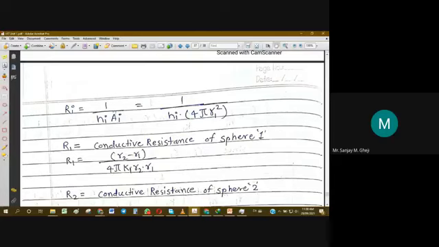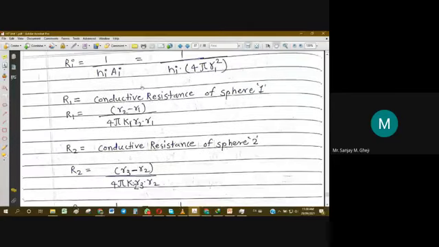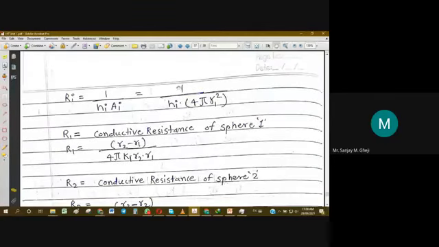Now area Ai will be taken for a sphere. For a sphere, area is given by 4 pi r square. So for inner area, it will be 4 pi Ri square, and for outer surface area, it will be 4 pi Ro square. So Ri will be 1 upon Hi into 4 pi Ri square.